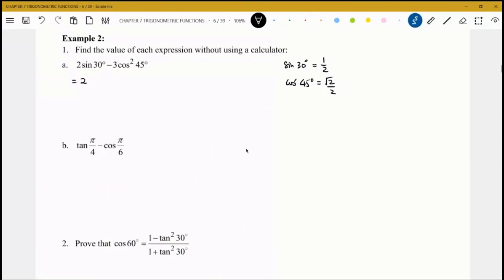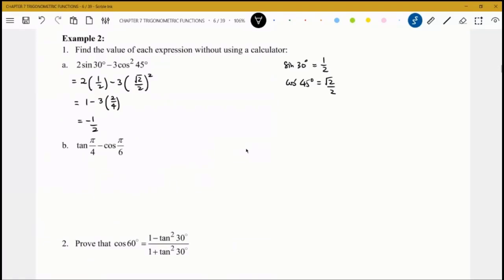We're going to have 2 multiplied with half minus 3 times square root 2 over 2, and then the whole thing squared since we have square here. So it's going to be equal to 1 minus 3, and then inside the bracket we have 2 over 4. So in the end it's going to be equal to negative half. Okay, that one is part A.